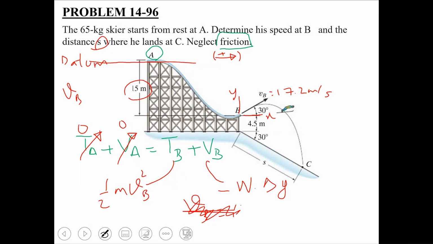वो equation थी हमारे पास x equal to x naught. याद है कुछ? This was the equation which was x equal to x naught plus v naught x t. ऐसे ही है. तो x क्या होगा इसमें, क्या बता सकते हैं? Sir, S cos 30.